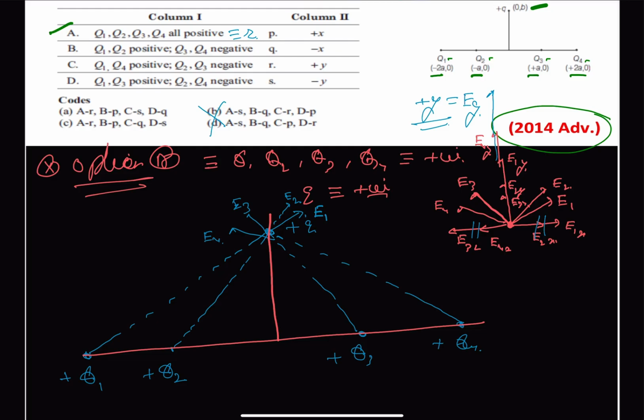In the second part, we are given that Q1 and Q2 are positive, Q3 and Q4 are negative. So for B there is no need to sort it out, because B states that it is only with respect to P. So this is for sure P. The only difference is now C and D. So let us start with C. And C states that we have Q1 and Q4 positive, Q2 and Q3 negative.